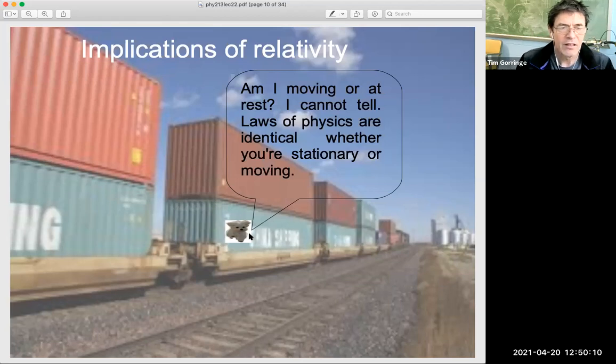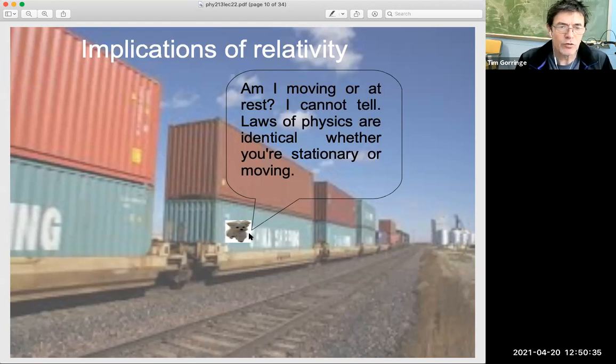And you can't tell. The laws of physics can't tell you whether the train is moving or not moving. So Baxter couldn't throw a ball into the air and catch it and try to determine whether the train is moving or not moving. And so that's an important consequence of relativity.